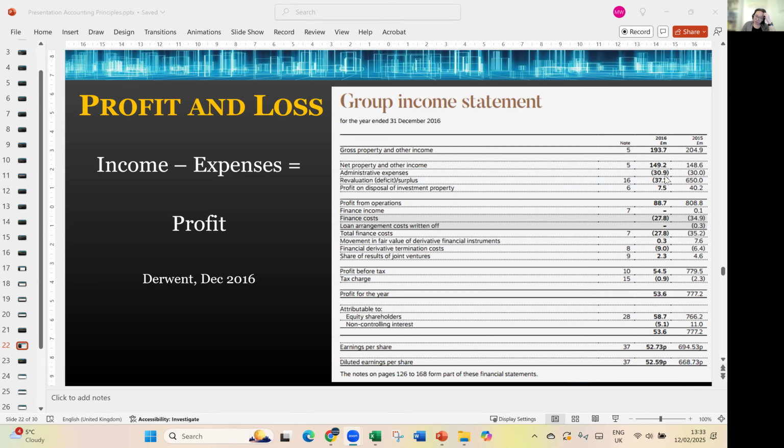So this is one thing to be aware of in the income statement that is different from the cash flow perspective: these revaluations will have an effect on the profitability of a company.